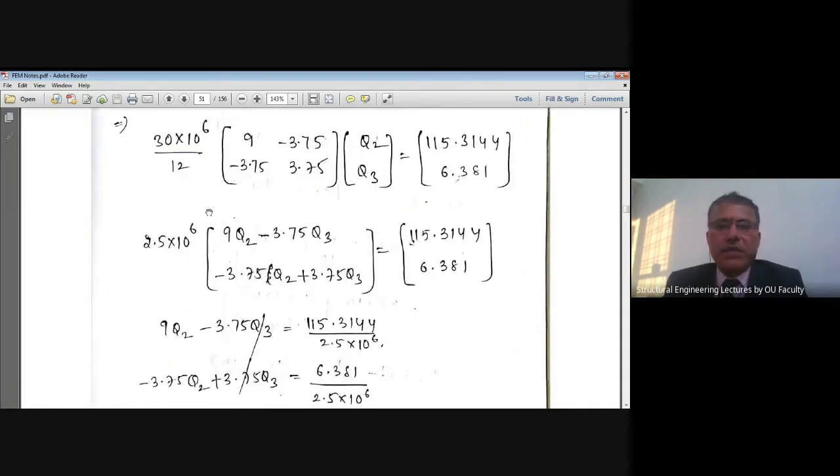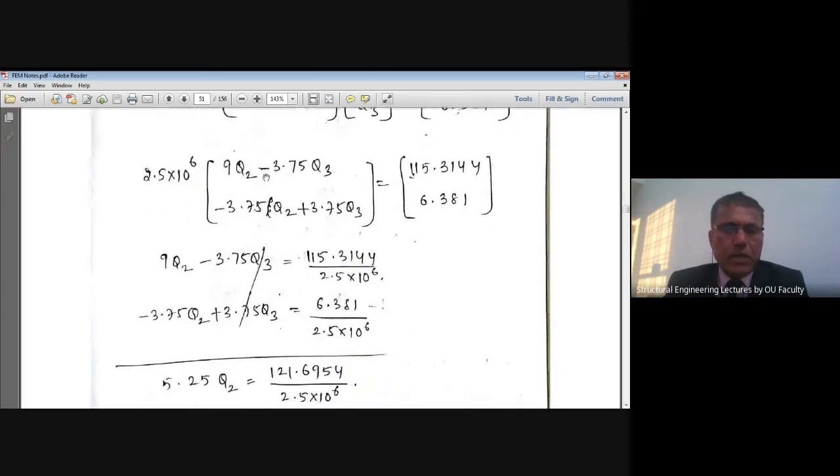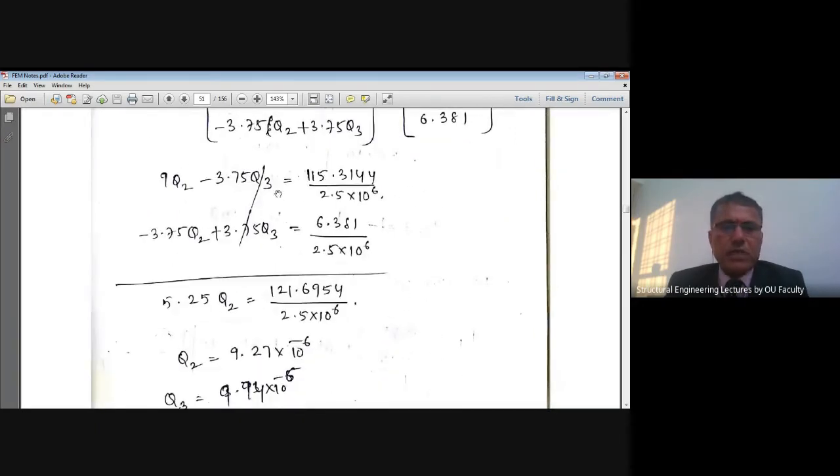This is how I'm getting 2.5 10 power 6 multiplied by 9 Q2 minus 3.75 Q3 is equal to 115.3144. And the next equation, 2.5 10 power 6 multiplied by minus 3.75 Q2 plus 3.75 Q3 is equal to 6.381.